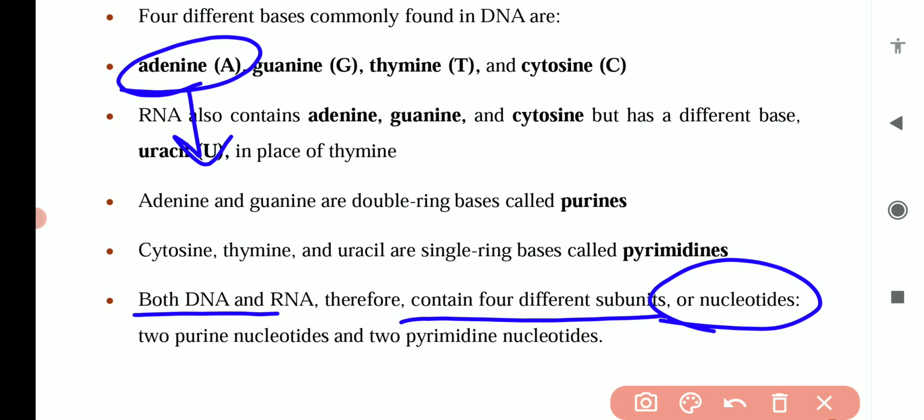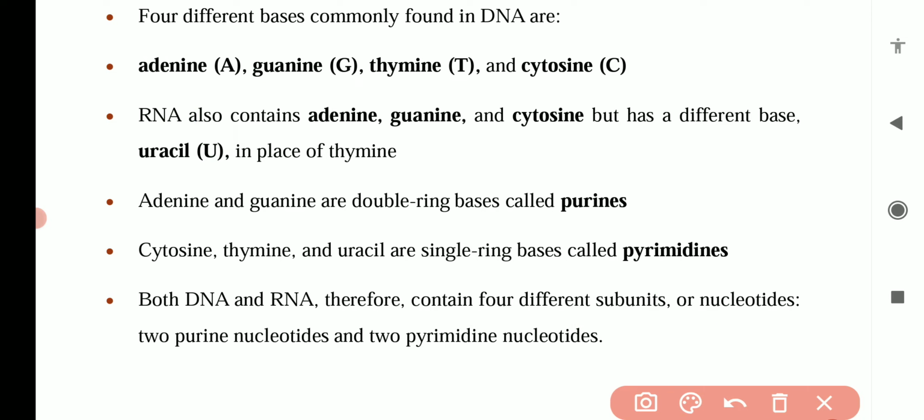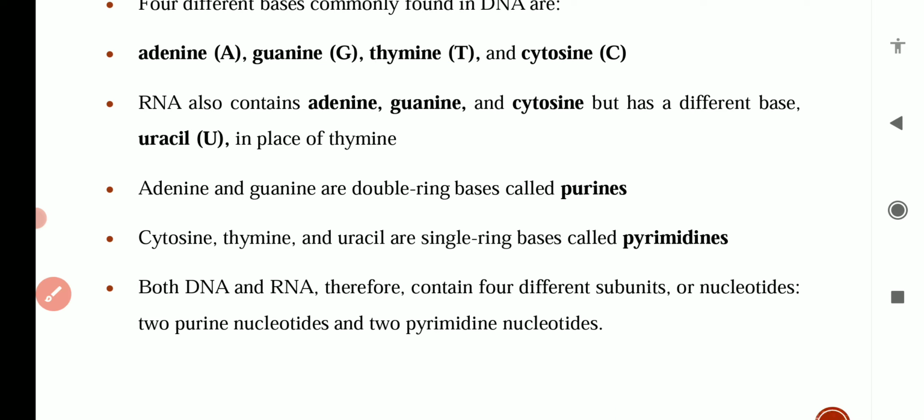It is categorized on the basis of whether it is present in DNA or in RNA, so different names are given only. So in both DNA and RNA, there will be 4 different types of nucleotides, on the basis of the presence of the 4 different nitrogenous bases. The names are given only.